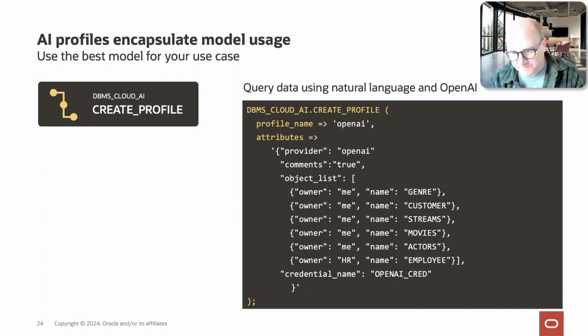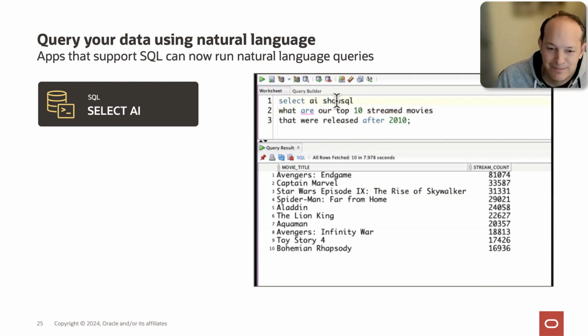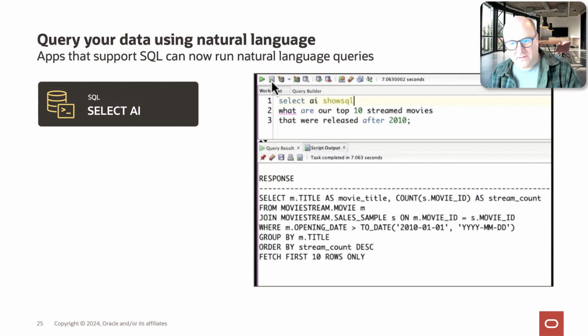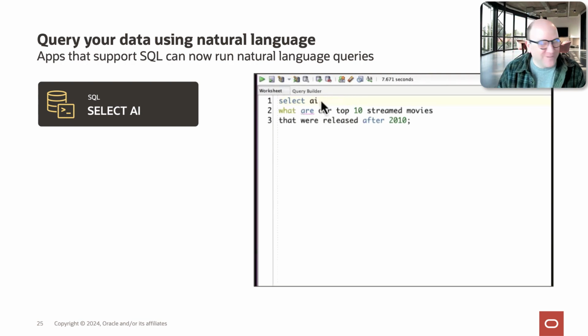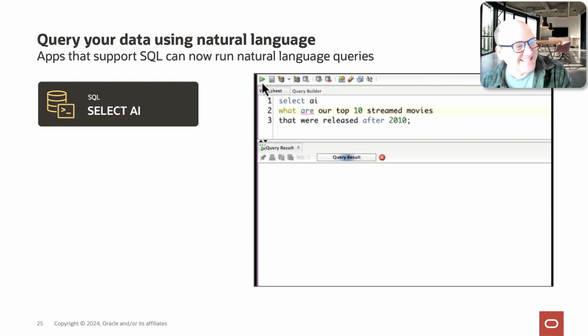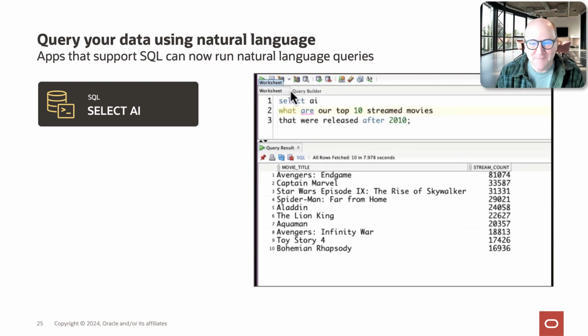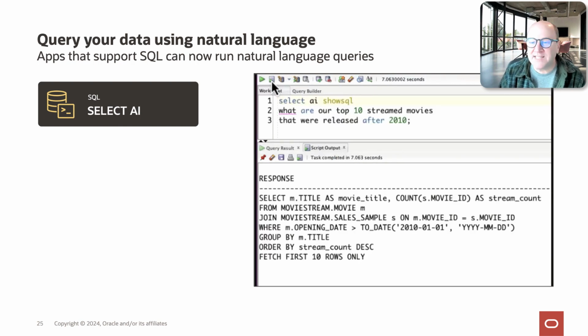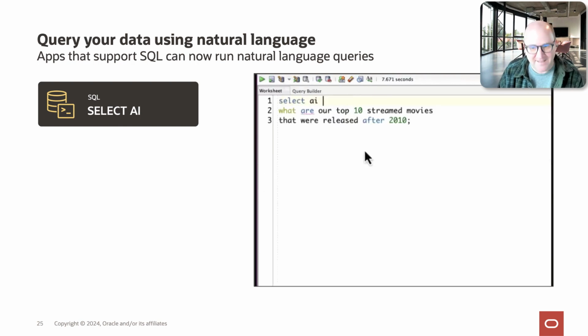So you can now run natural language queries with SQL. For all of you who write SQL code, this is going to look very different. Where's the from? Where's my column list? Here you just say, select AI, what are our top 10 streamed movies that were released after 2010?